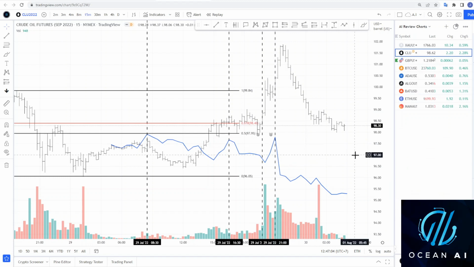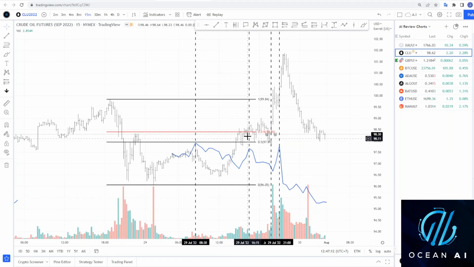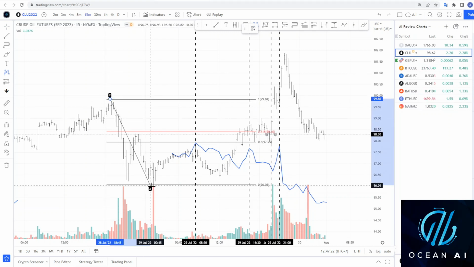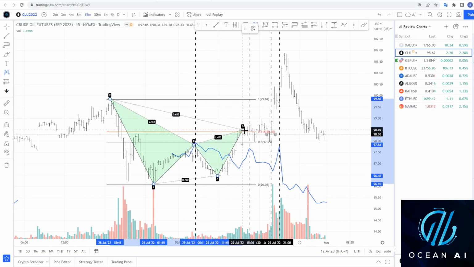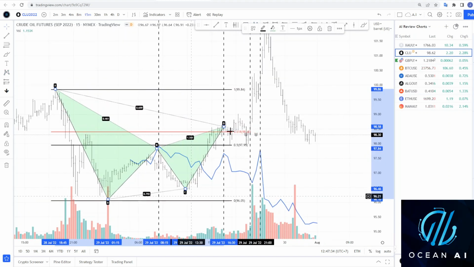At 4:30, which was this one here, we were coming into a high nicely, and like the other one, we had that 50 to 60% retracement. We came into a high here, which gave us that ABCD Gartley pattern again, that A to B, B to C. That was a nice setup for that one.